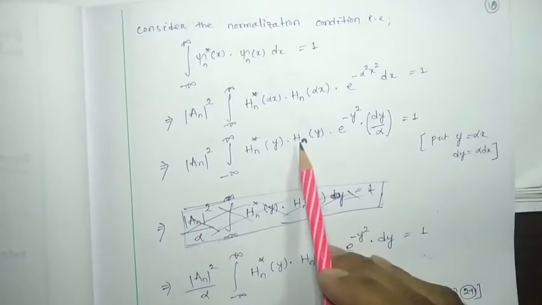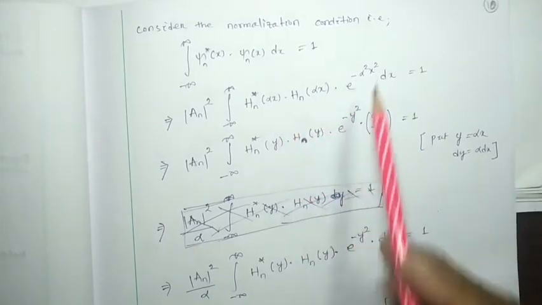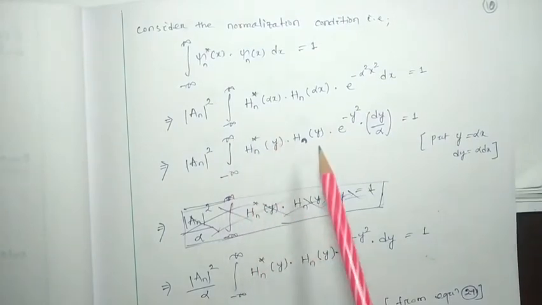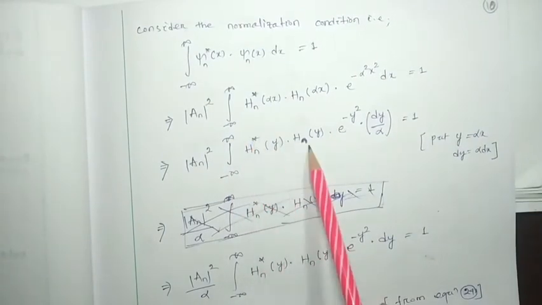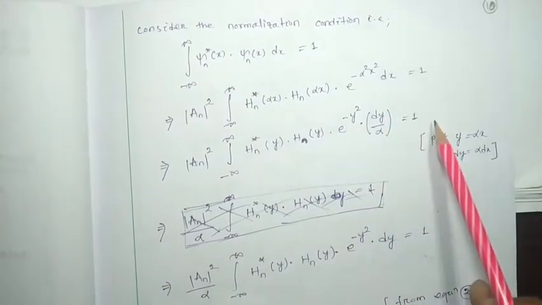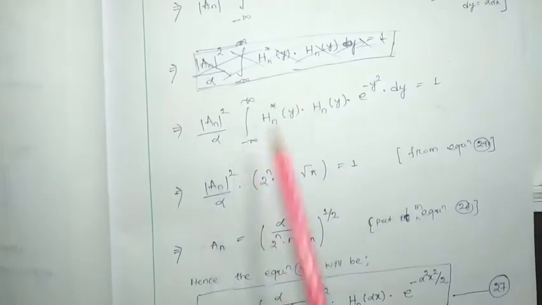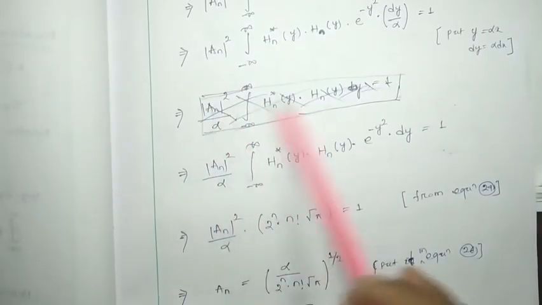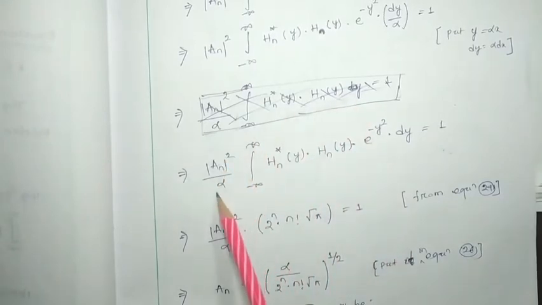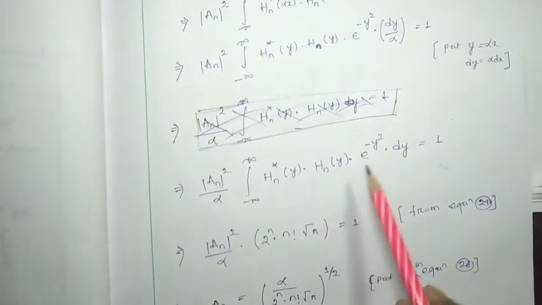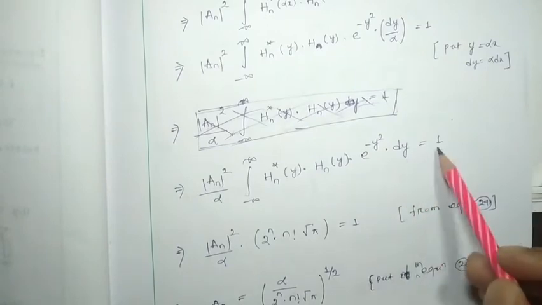Putting this in the equation, we find mod An square from minus infinity to plus infinity Hn y, Hn star y, e to the power minus y square dy by alpha equal to 1. So it will be mod An square by alpha times the integral of Hn star y into Hn y into e to the power minus y square dy equal to 1.